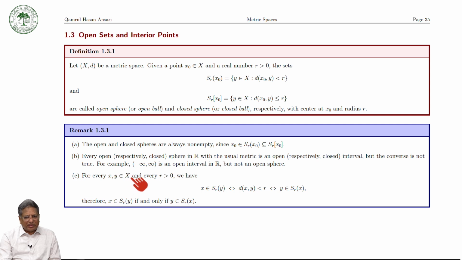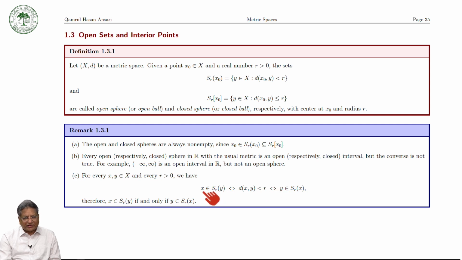The next remark is that for any x, y in the metric space X and any real number r greater than 0, if x lies in an open sphere with center at y and radius r, this means that the distance between x and y is strictly less than r, and this you can treat as y in S_r(x).